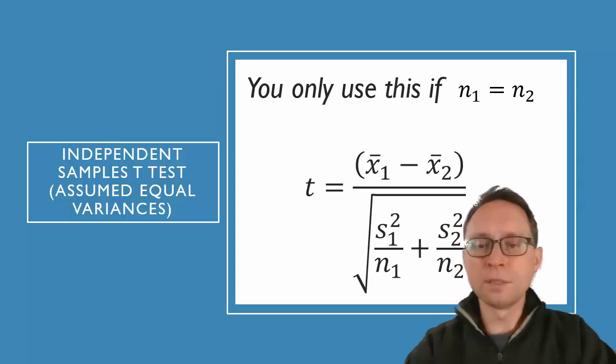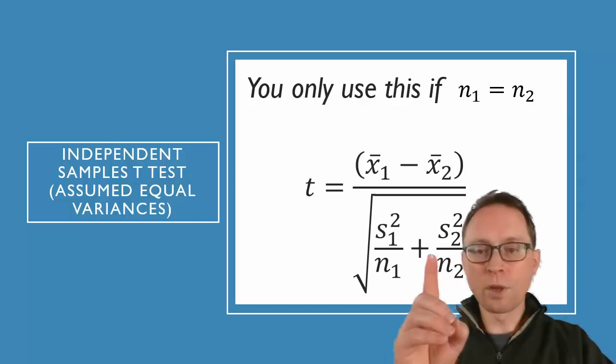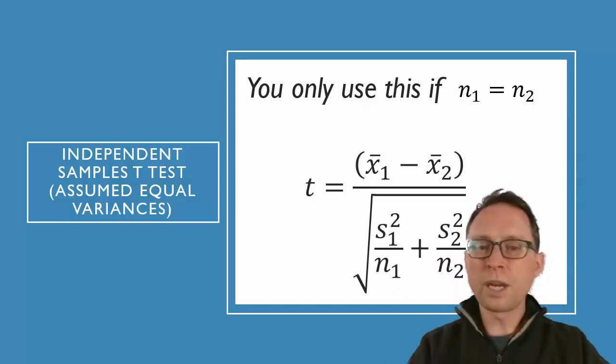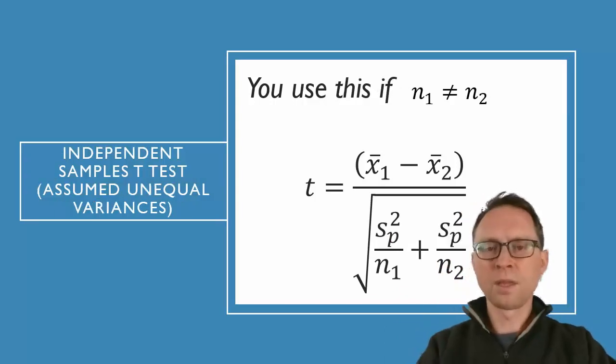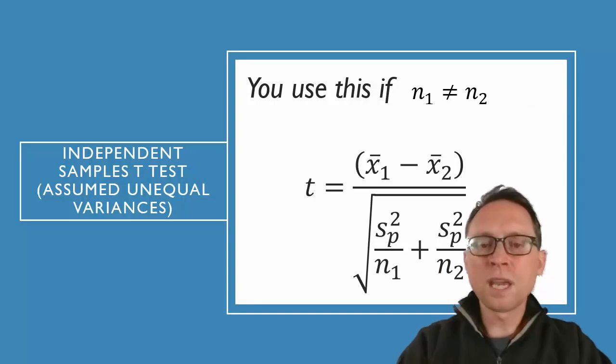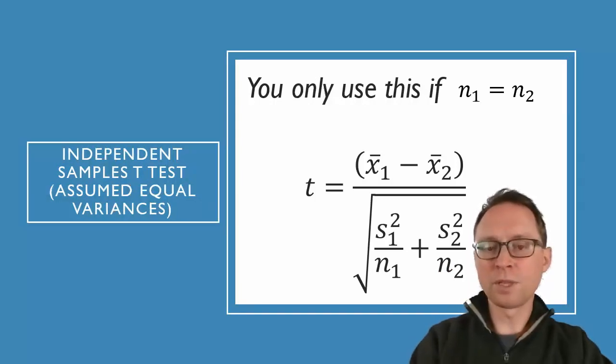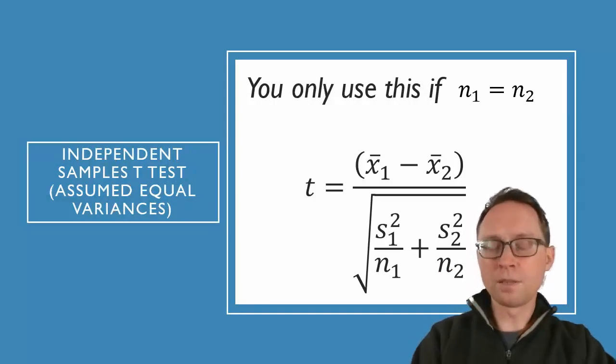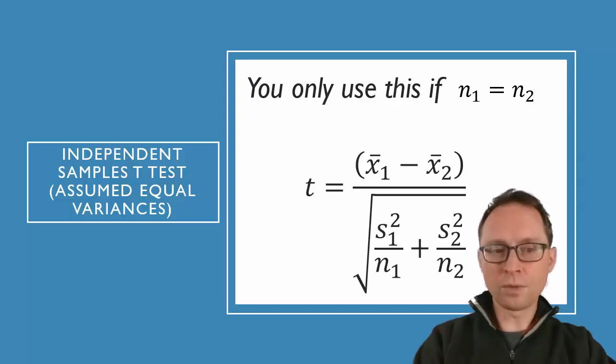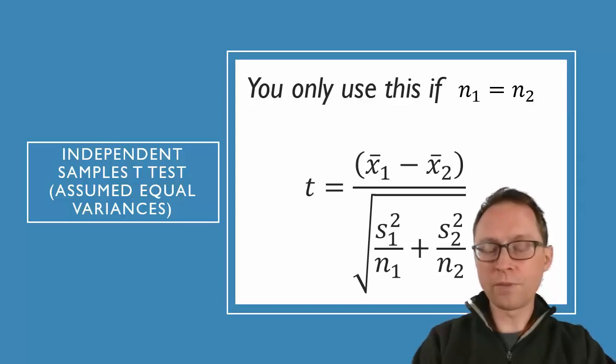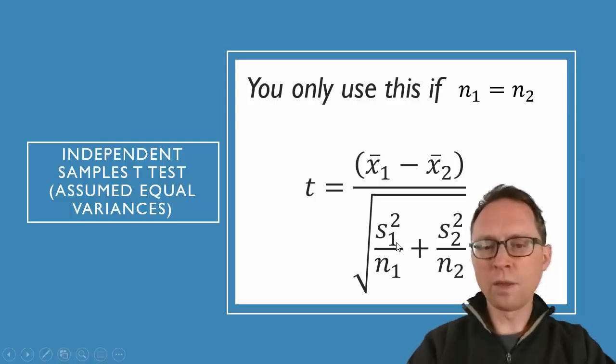If, for whatever reason, you have a different number in your group 1 compared to your group 2, then you've got to do something a little bit different. Instead, so I don't know if you can see the difference between this, right? So this is if the variances are equal, if the n is the same. So if you see right here, it says s sub 1 squared, s sub 2 squared.